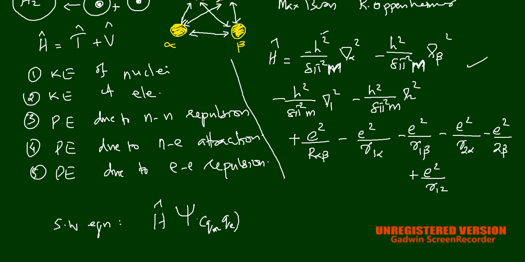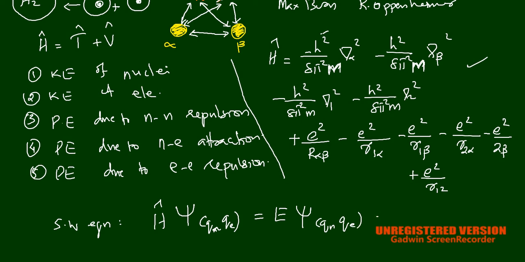So psi is a function of both. H psi is equal to E, that is the eigenvalue, the energy of the whole system, multiplied by psi of Qn, Qe. So that is the Schrodinger wave equation.